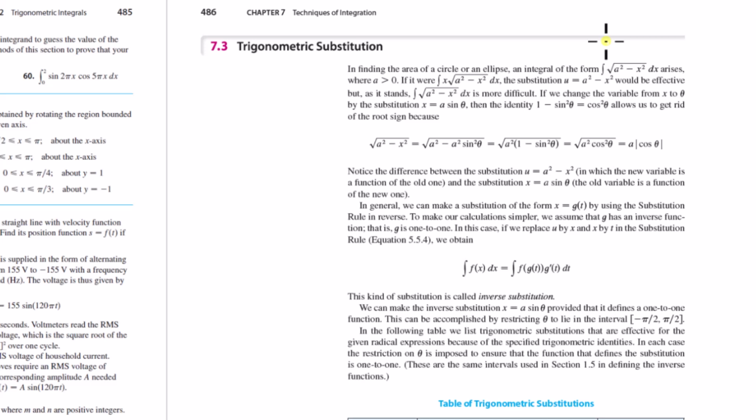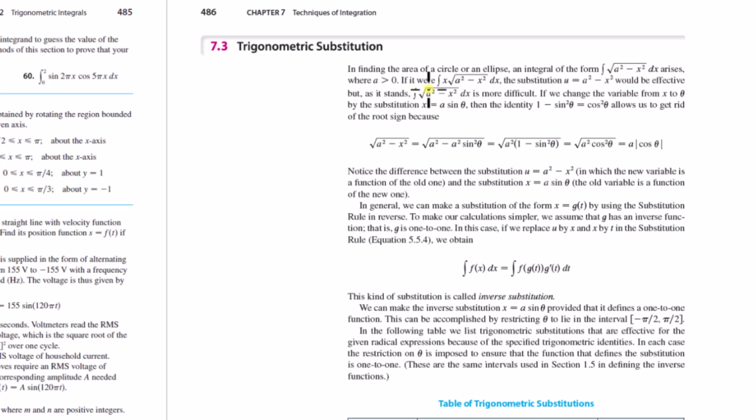In that case, the circle is centered at the origin, but that's the general form. You solve for y, and you get y equals plus or minus the square root of a squared minus x squared. But you only have to integrate the positive function because it's symmetrical. So you get an integral of a form like this.